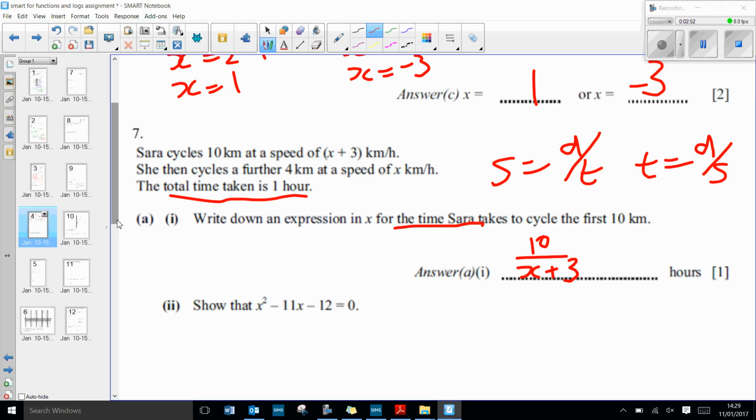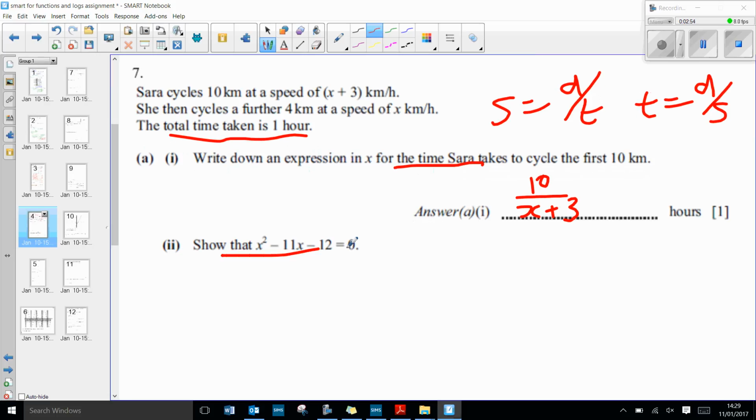So we need to show that this is equal to that. So if we take our information, this should have helped us here. So that was the time taken for Sarah to cycle the first 10. We know the total time is 1 hour. So now we need to find the time that she takes to cycle this portion. Well, that's going to be a similar thing we did here.